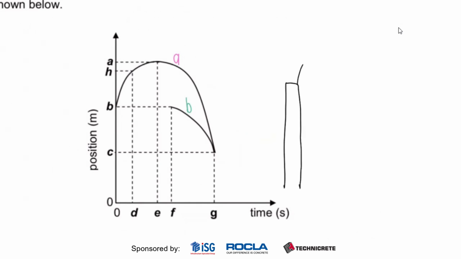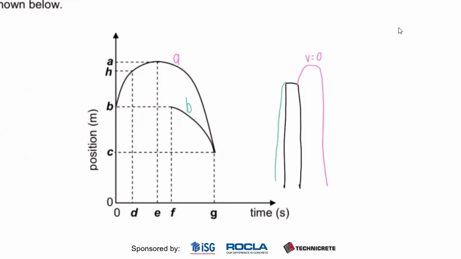Stone A was thrown up. It reached a point where its velocity equaled 0, and then it fell to the ground. So stone A did this. And stone B was just simply dropped off the building.